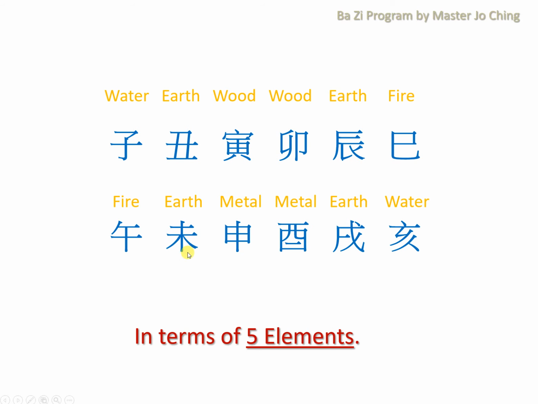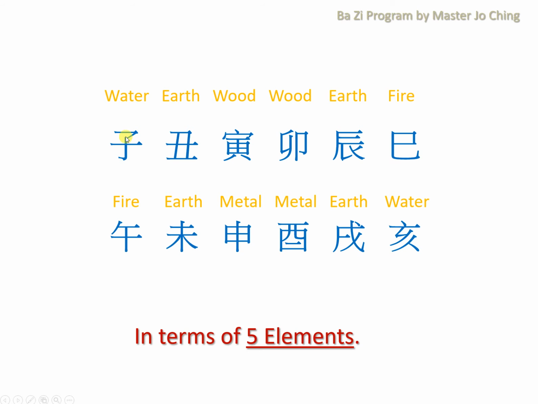This is very important because, as mentioned, BaZi looks at the interplay, the interaction among the 5 elements to do prediction and analysis. So we have to know this, and you have to memorize it by heart.